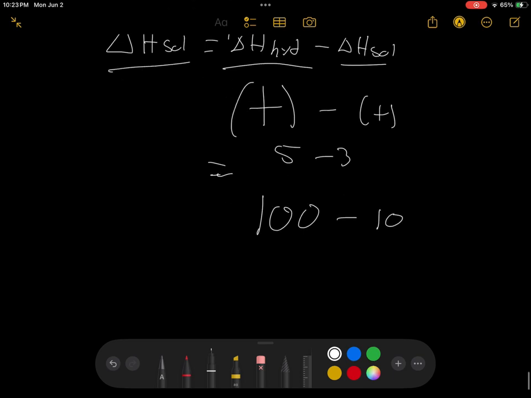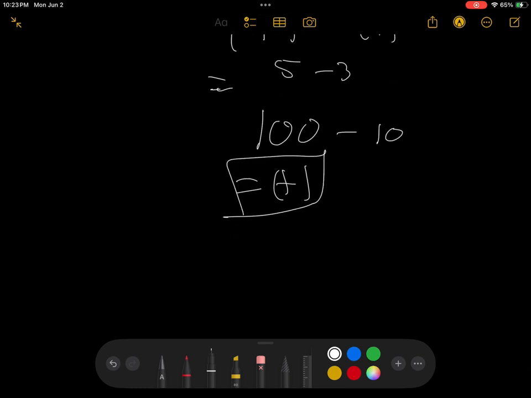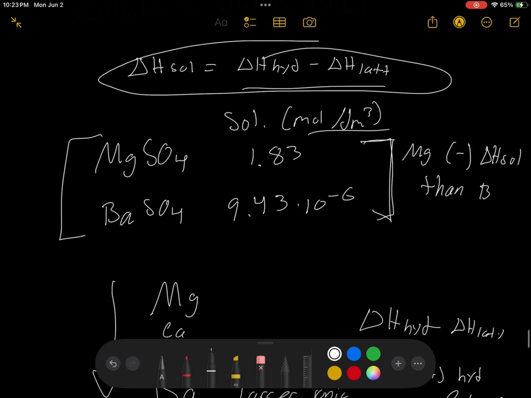So our delta H solution is going to become more positive. And what do we understand about the numbers of delta H solution? The more positive means more endothermic, which means less feasible of a reaction, which means, in this case, less soluble, which is what we saw up here with these numbers.